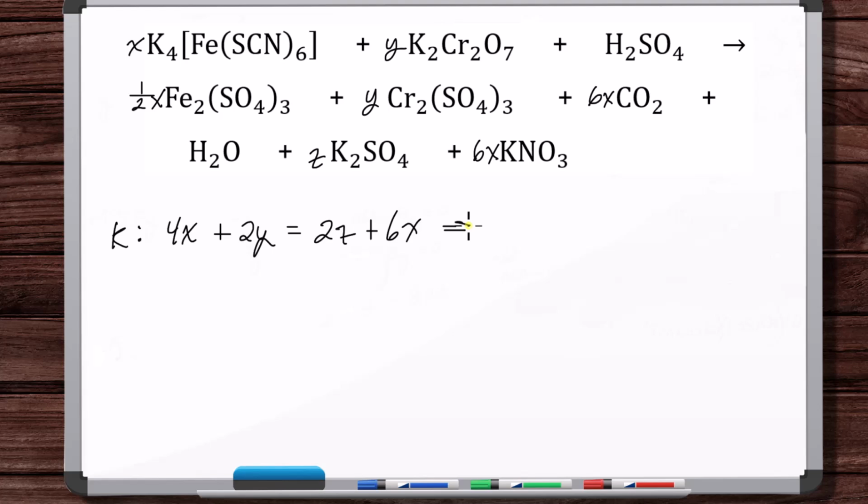So 2Z is equal to 2Y minus 2X. Z is equal to Y minus X. So now we can replace this with Y minus X.